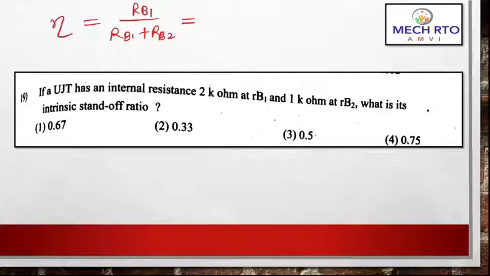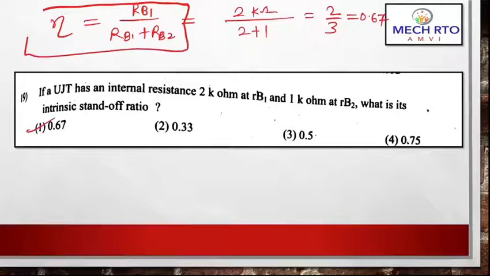If you put the values here, 2 kilo ohm upon 2 plus 1, so 2 by 3. So here the correct answer will be 0.67, so the first is the correct answer. This is the formula for the intrinsic standoff ratio of a UJT, unijunction transistor. Remember.